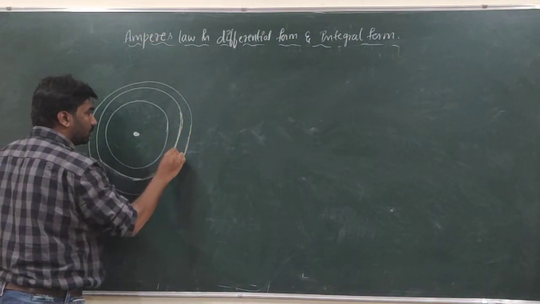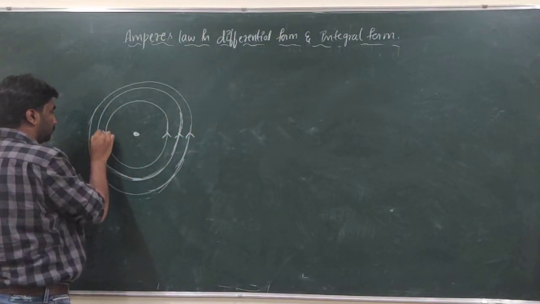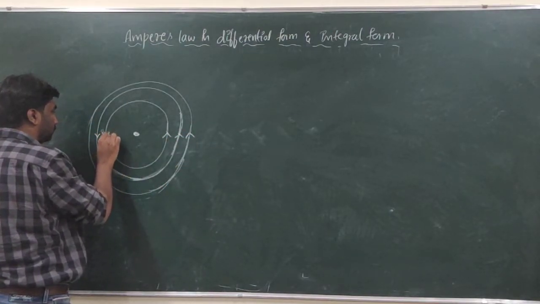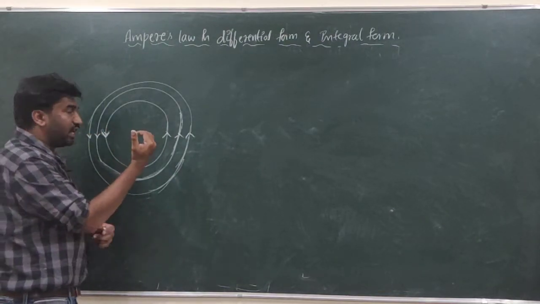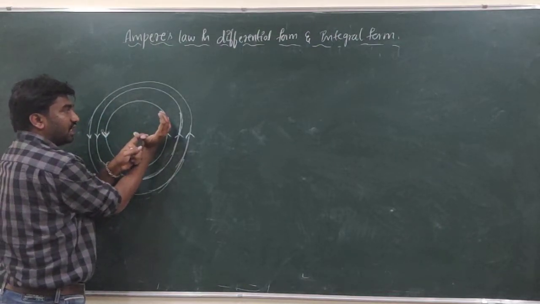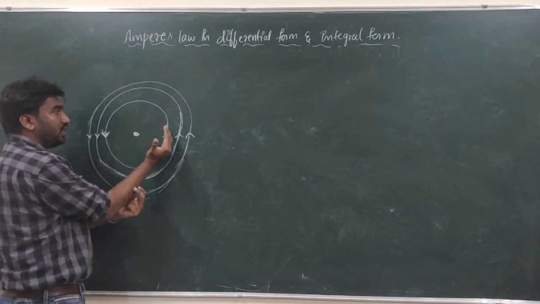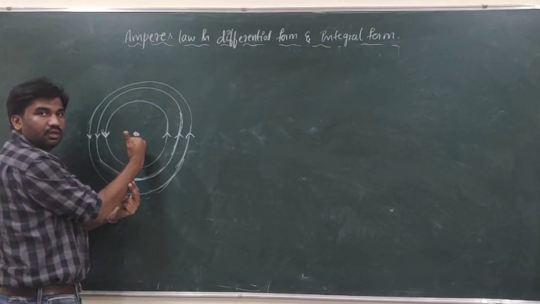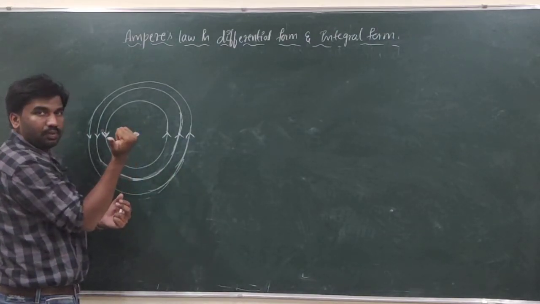If the thumb represents the direction of the current and the fingers curl, this represents the direction of the magnetic field. The thumb represents the direction of current, and the current is coming out from the board.